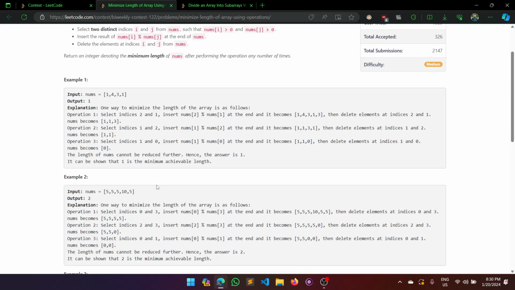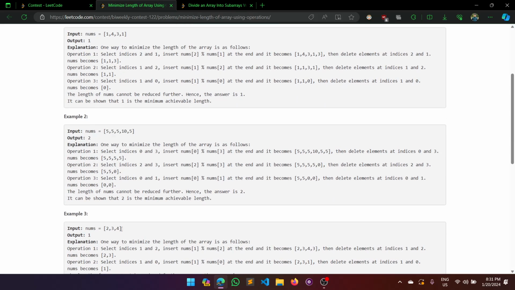If all the numbers in the array are not... okay, GCD. Can I... GCD of this number is not a 1?